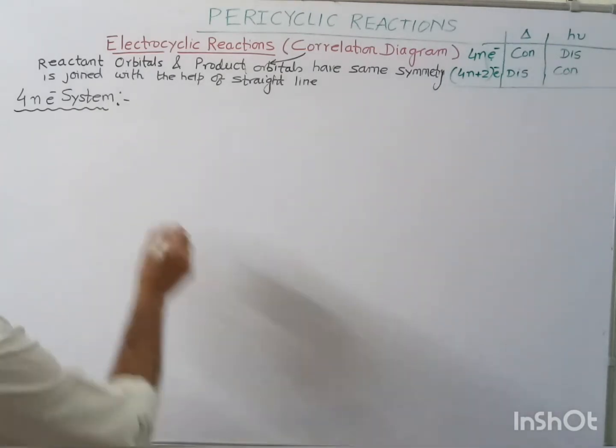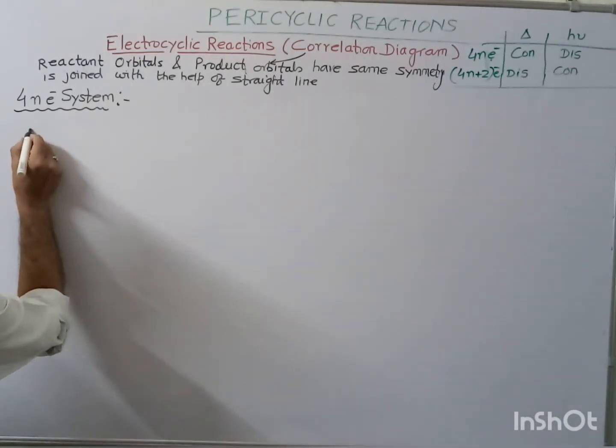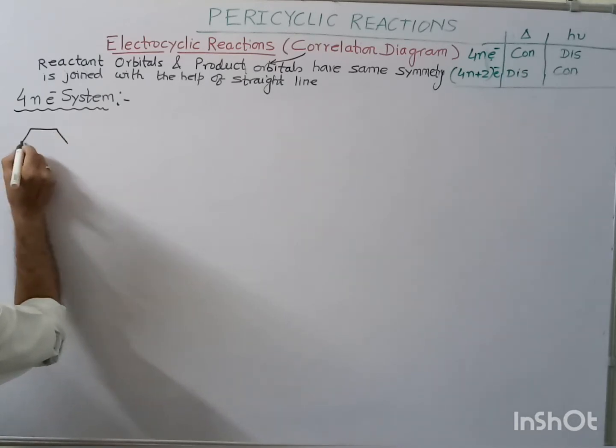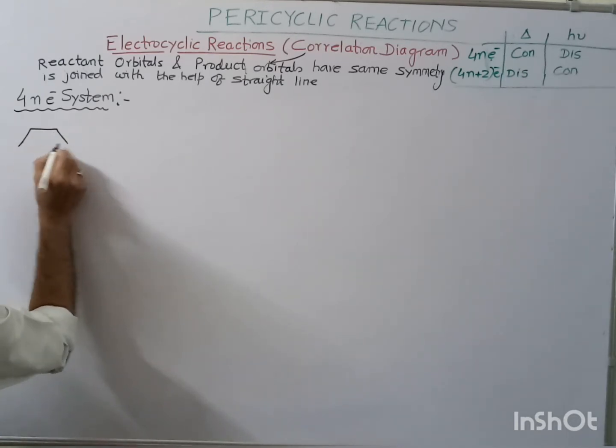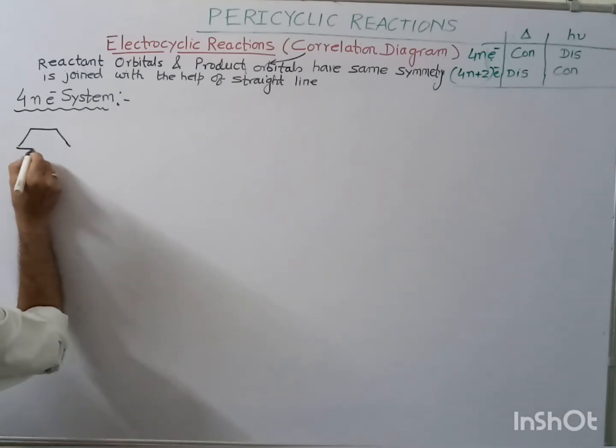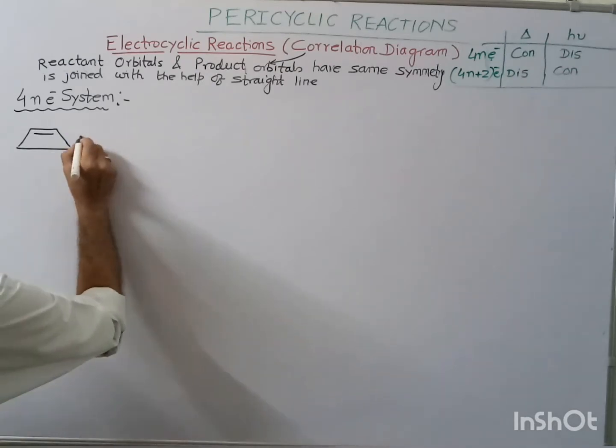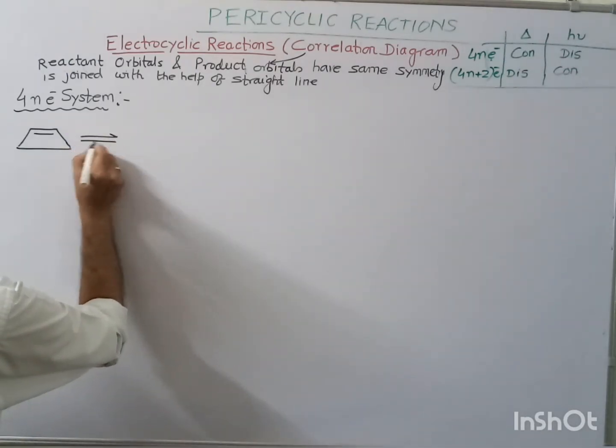In the 4n electron system, suppose I take the example of the simplest 4n electron system, cyclobutene.